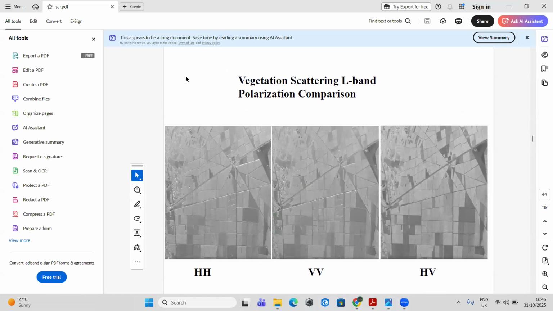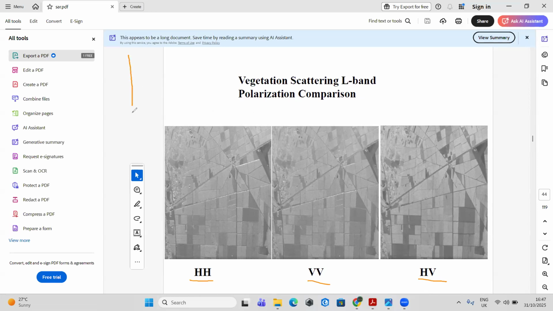Also, the SAR sensor has the capability to work in different polarizations: horizontal polarization, vertical polarization, horizontal-vertical polarization.